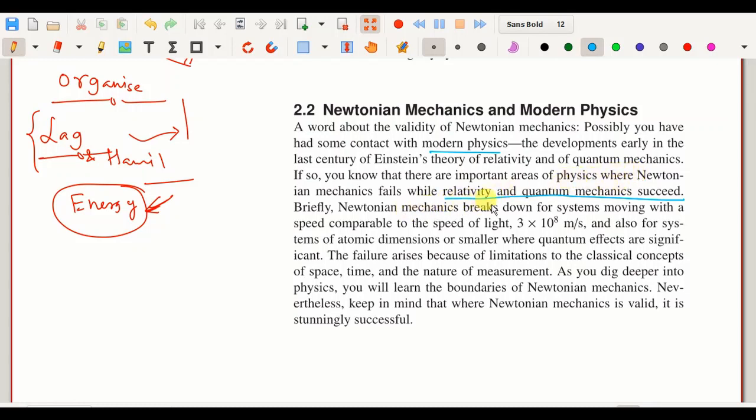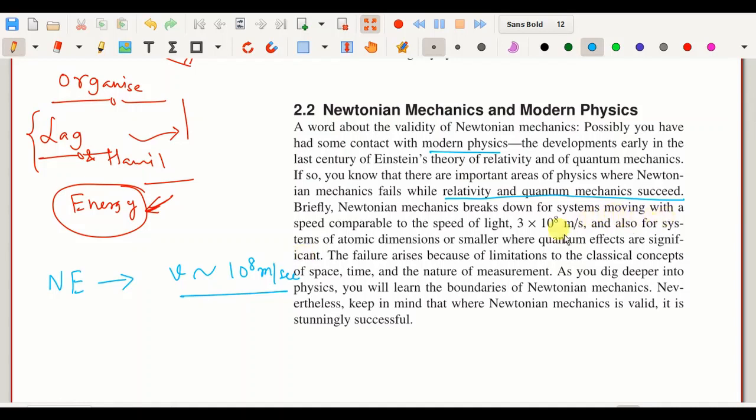Briefly, Newtonian mechanics breaks down for systems moving with speeds comparable to the speed of light. So Newtonian equations can't define things if you have velocity very near 10 to the power 8 meters per second. It can't.